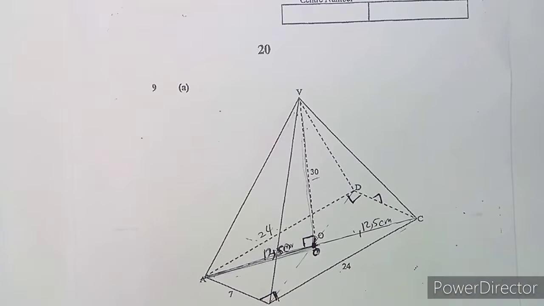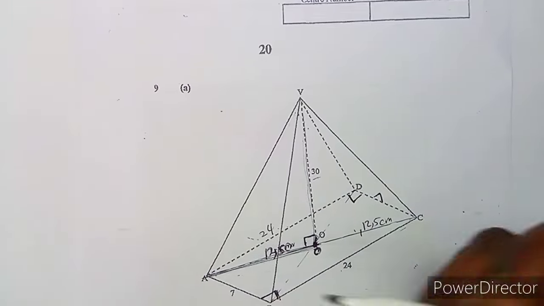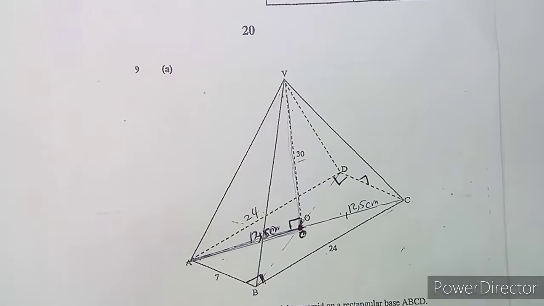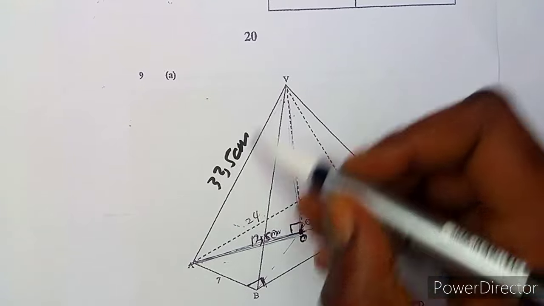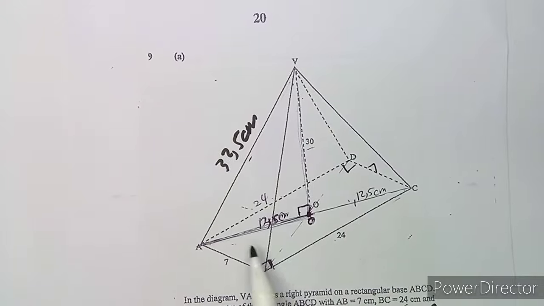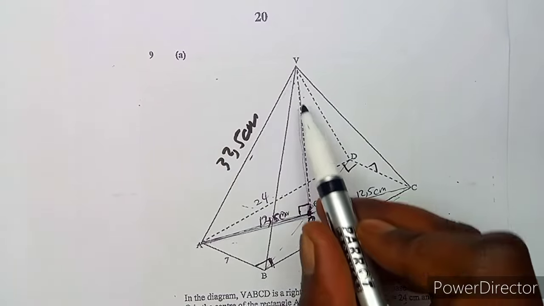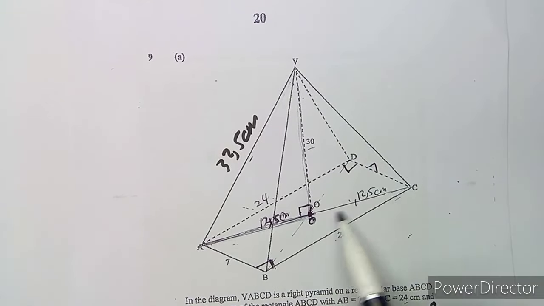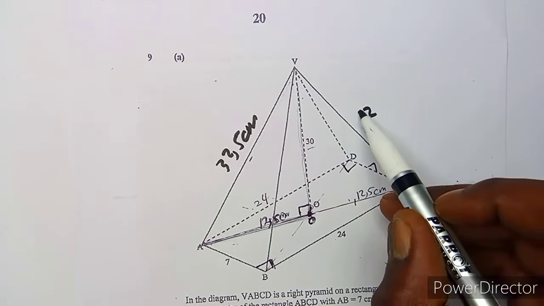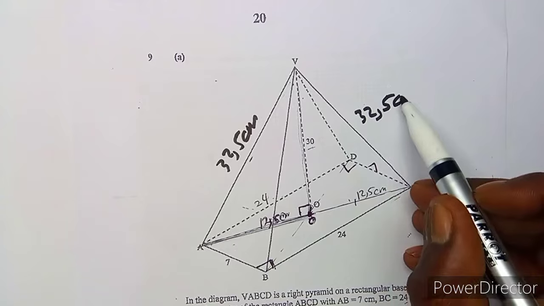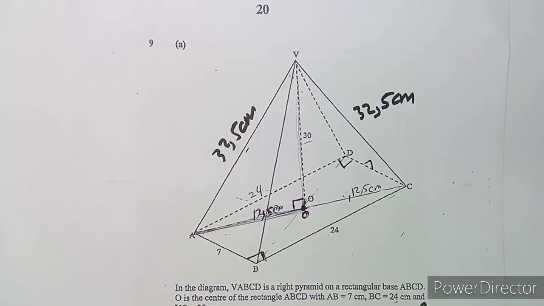So this is our V to A, this side here, which is 32,5 centimeters. That's your VA. As you can see, we use this triangle, which is the same thing here, from V to O to C, which is the same as your VC, which is also 32,5 centimeters.